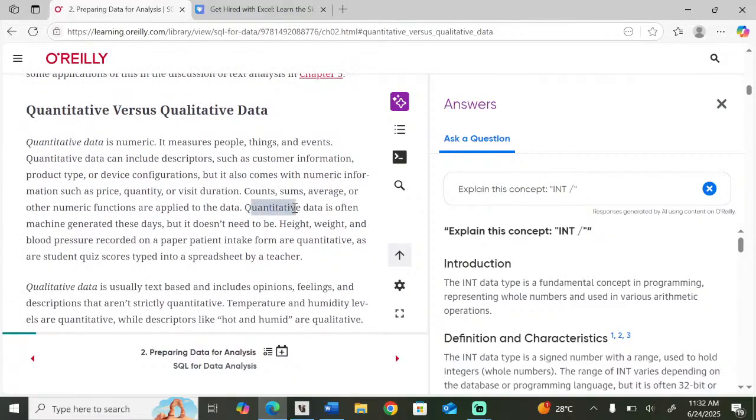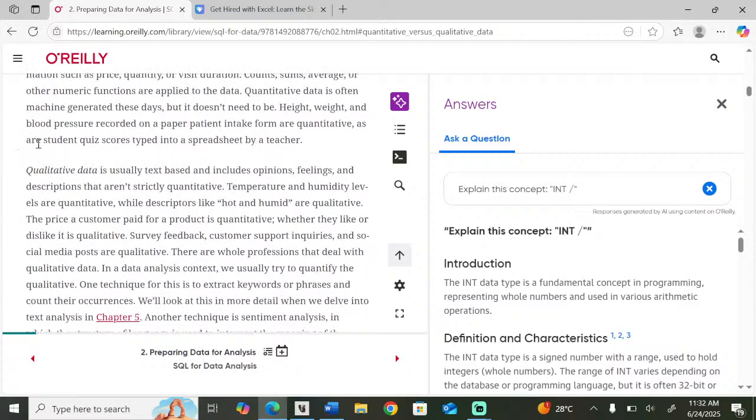Qualitative analysis. Qualitative data is often machine generated these days, but it doesn't need to be. Qualitative data is usually text based and includes opinions, feelings, and descriptions that aren't strictly quantitative.